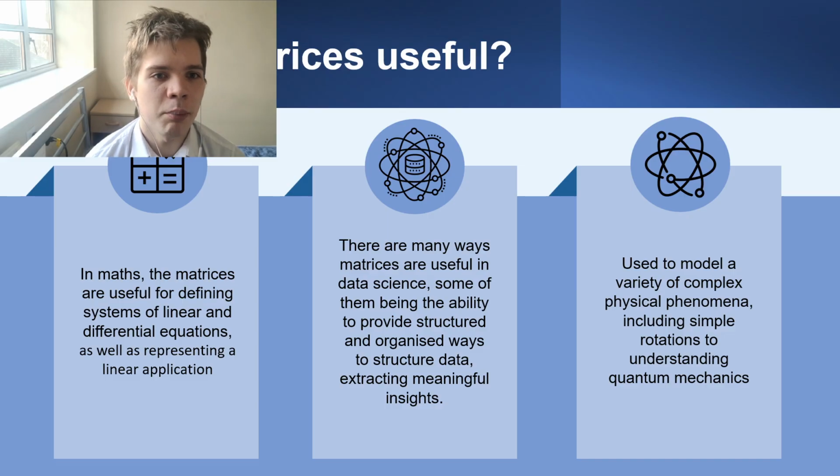So, why are matrices useful? In the maths context, matrices are very useful as they provide a way to define linear and differential equations, as well as representing linear application. In data science, they are also very useful as they give us the ability to store our data in a very organized way, which allows us to extract meaningful insights from the data.